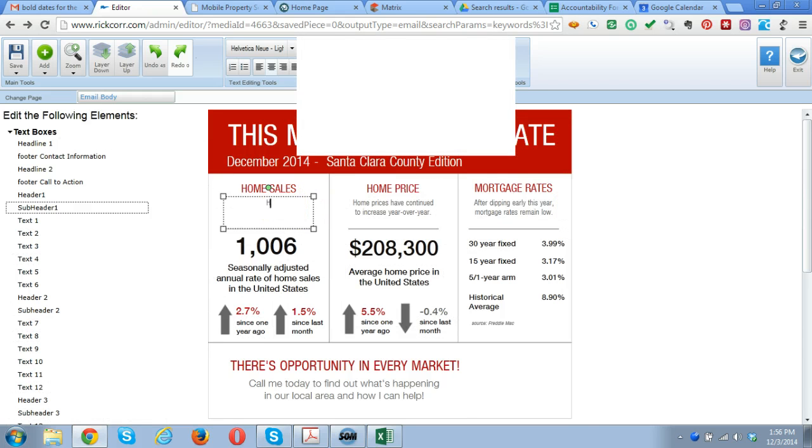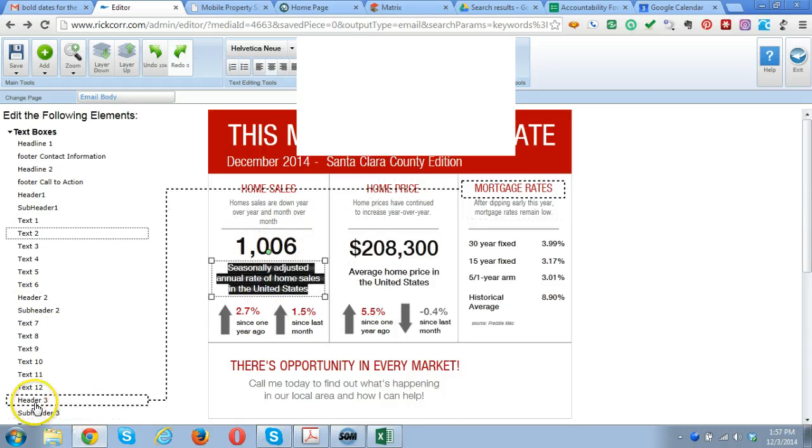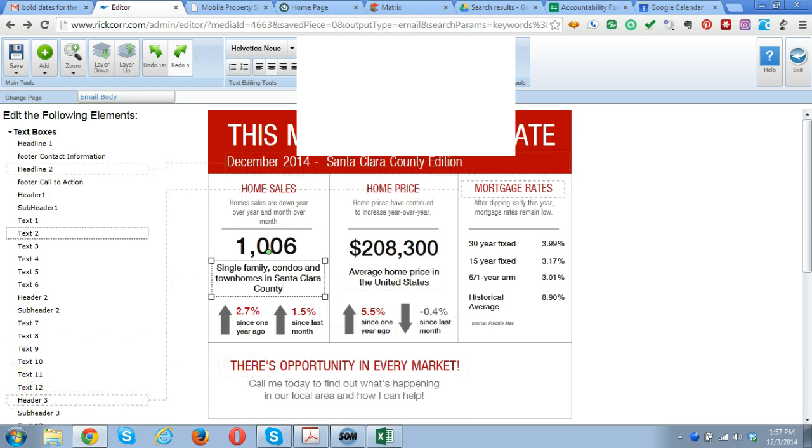I'm going to say home sales are down year over year and month over month. And we're just going to say single family, condos and townhomes in Santa Clara County, because it says home sales, we don't have to say that.